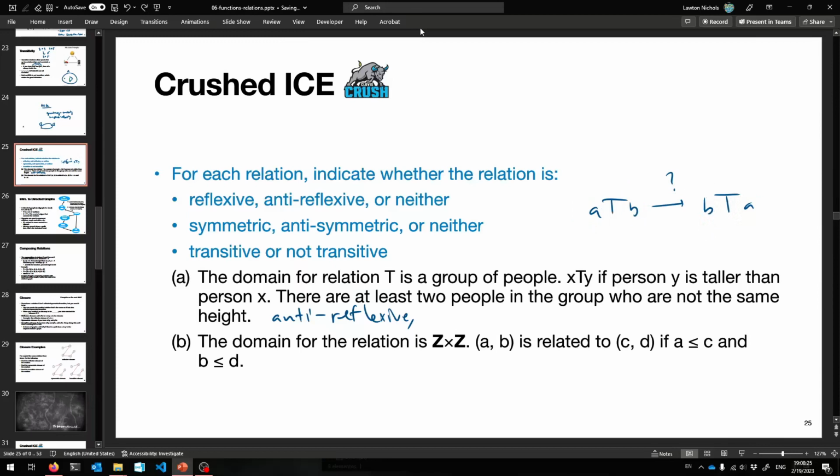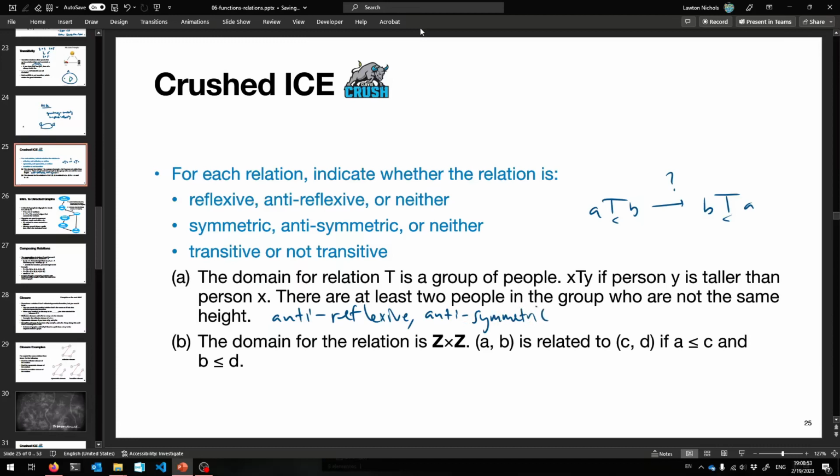No, that kind of is a less than relationship going on, or a greater than, depending on your order. If I know A is shorter than B, or B is taller than A, do I also immediately get that A is taller than B? No, I don't. So again, for every element, it's not symmetric. So it's anti-symmetric.